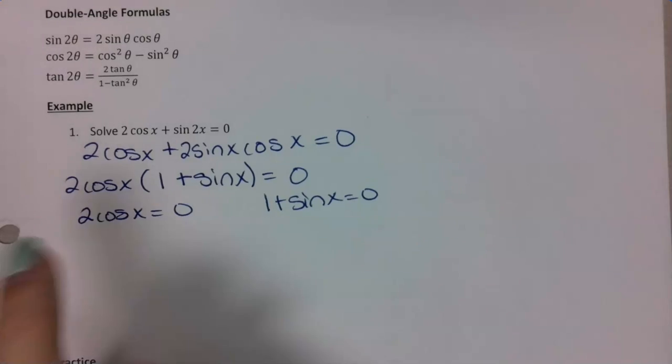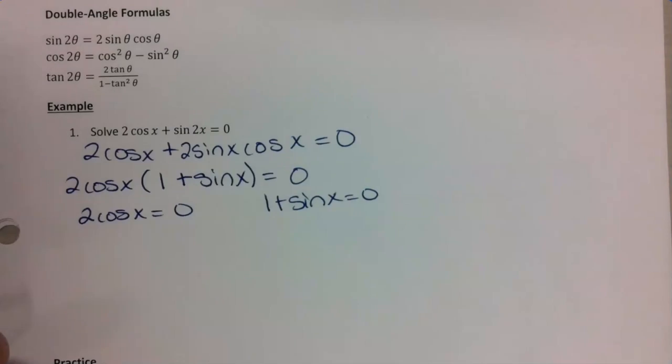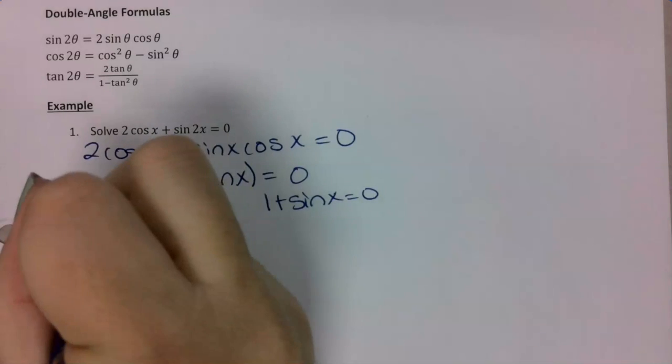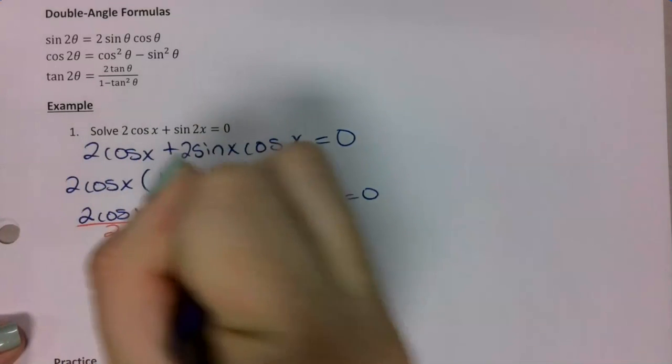Okay, on this first one I want to solve, so I'm going to start off by dividing both sides by 2. This just still gives me cosine of x equals 0.